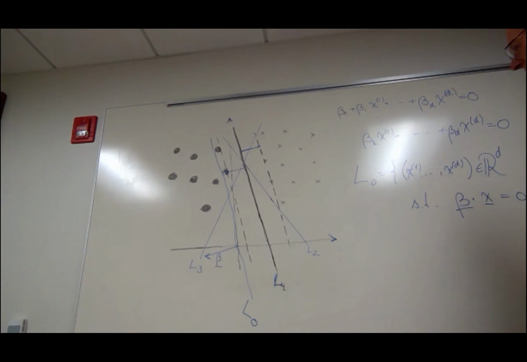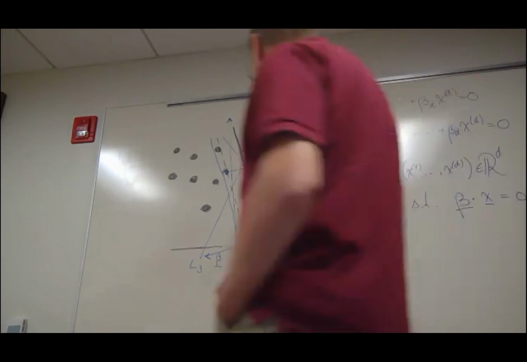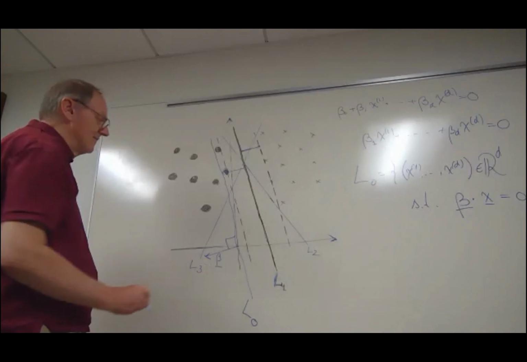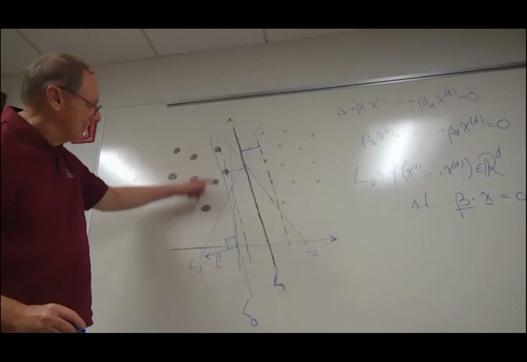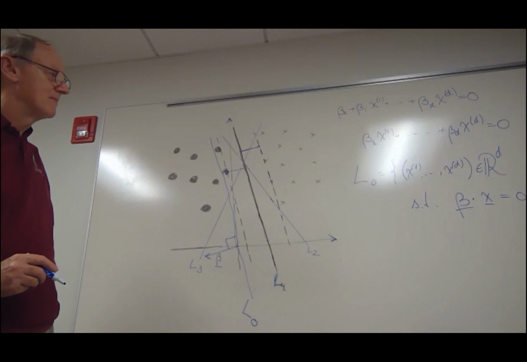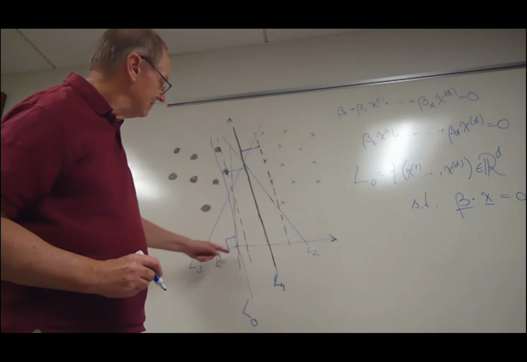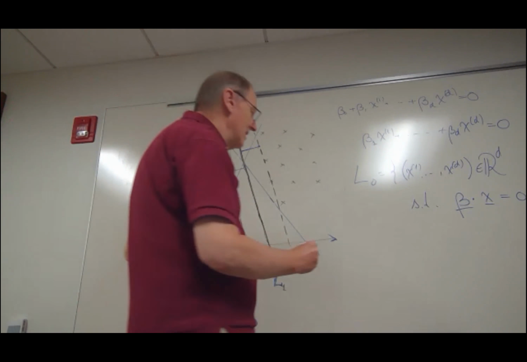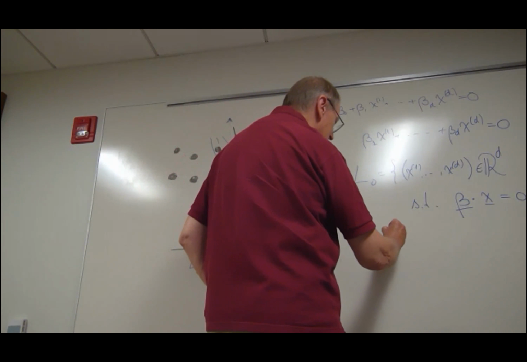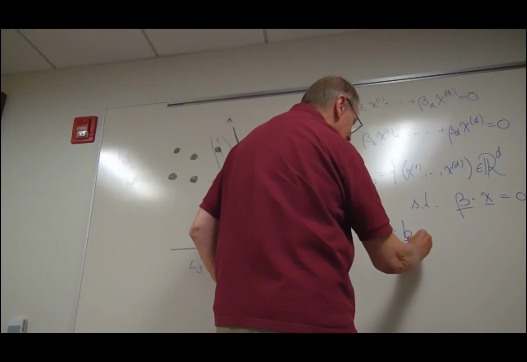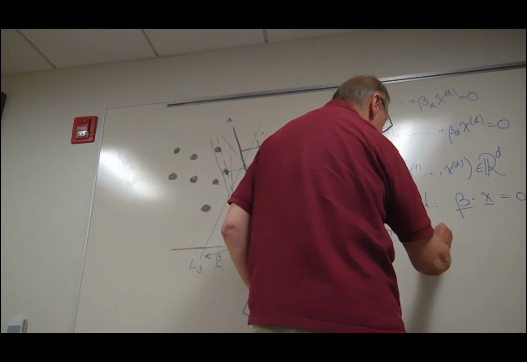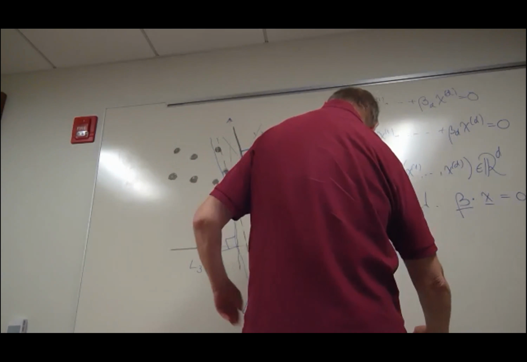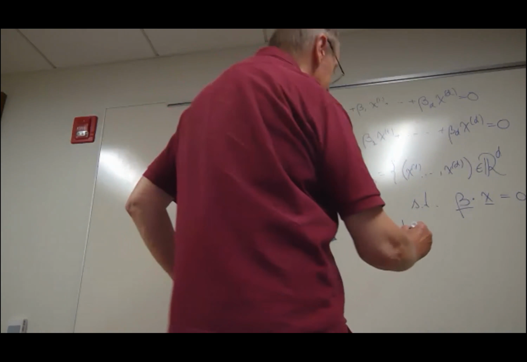And that specifies the set of points that are perpendicular to this vector here. So these are all the vectors that are perpendicular to beta. And in order to get up to this line, I just have to parallel translate it. That means I have L0 plus some vector b, which will be L1 here.